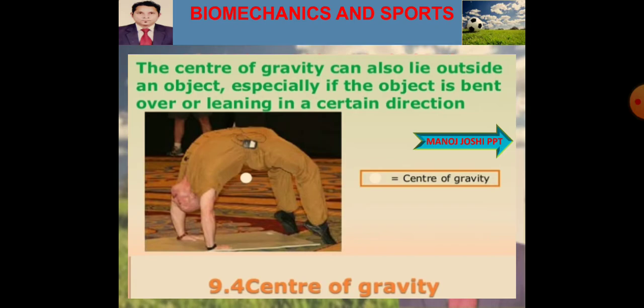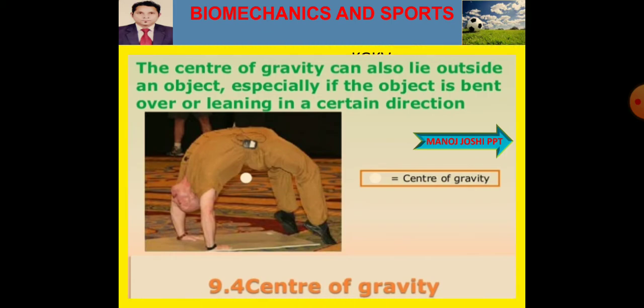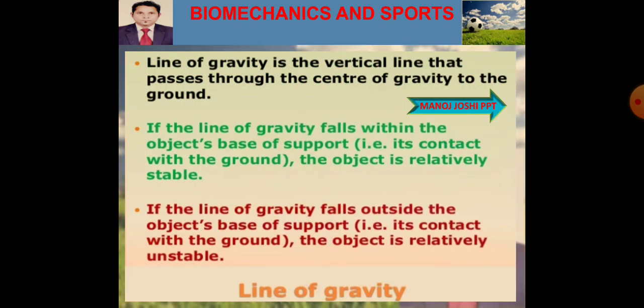Like here we can see the center of gravity is outside of the body. In the case of the chakrasana the person is doing, the center of gravity sometimes lies outside of the body also.